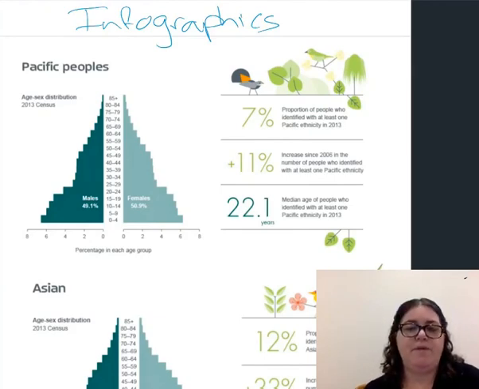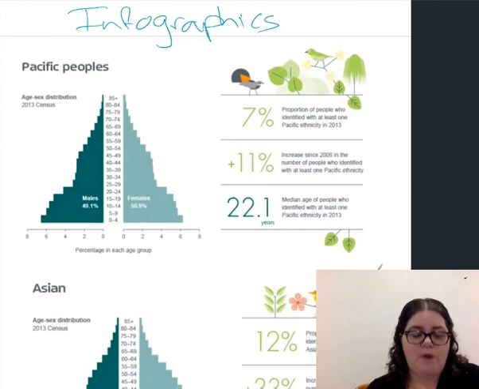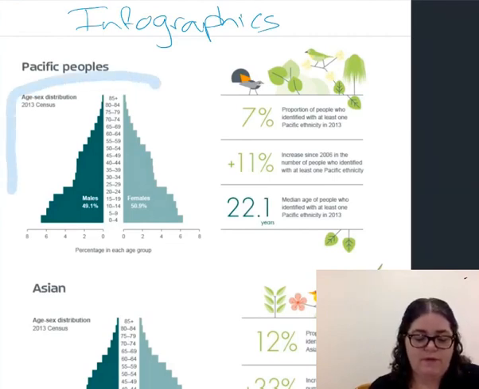So for example, what I've got here is a couple of images from Statistics New Zealand. They used them in the 2013 census to display some of the information that they got from their census. Under the Pacifica people, we've got a graph looking at the age distribution.